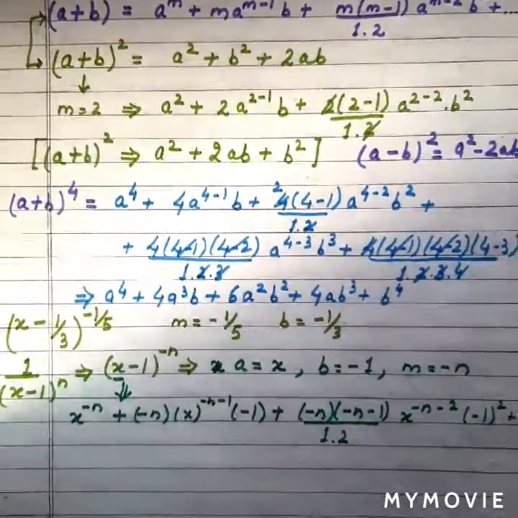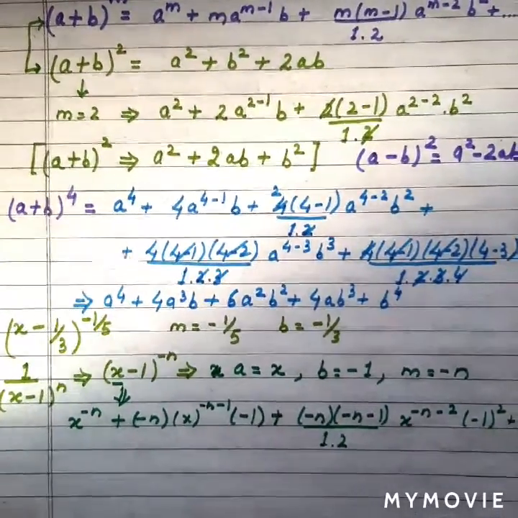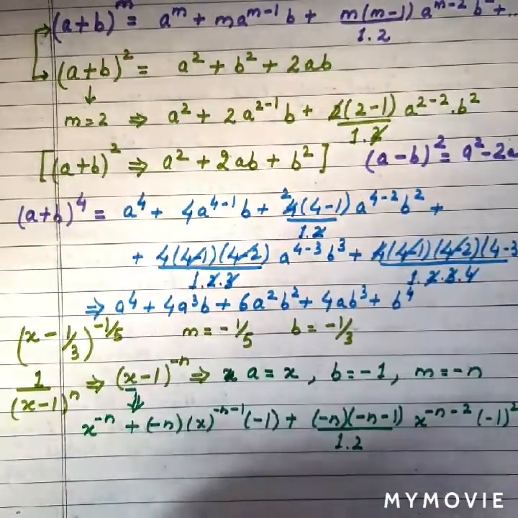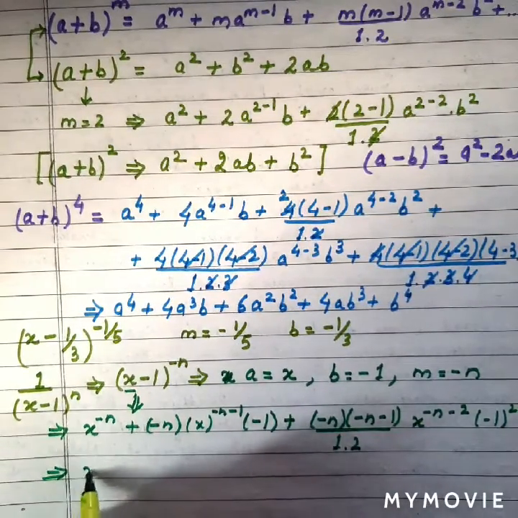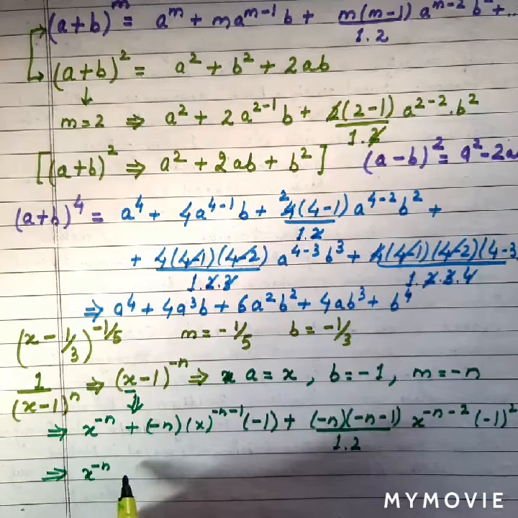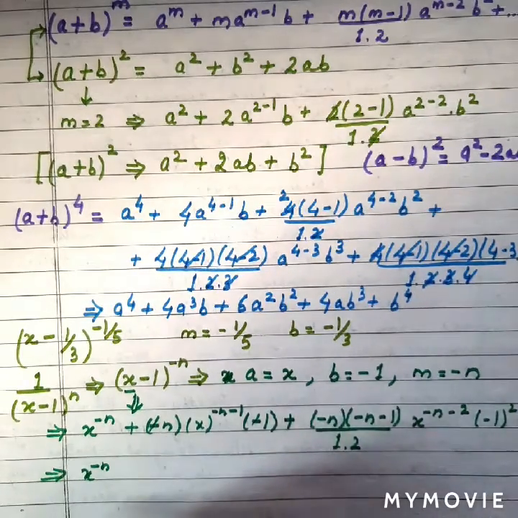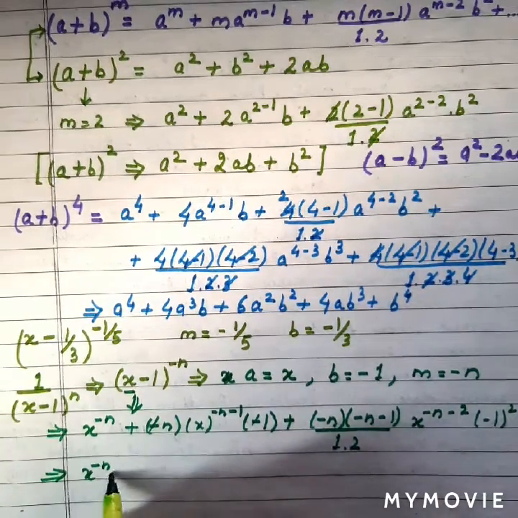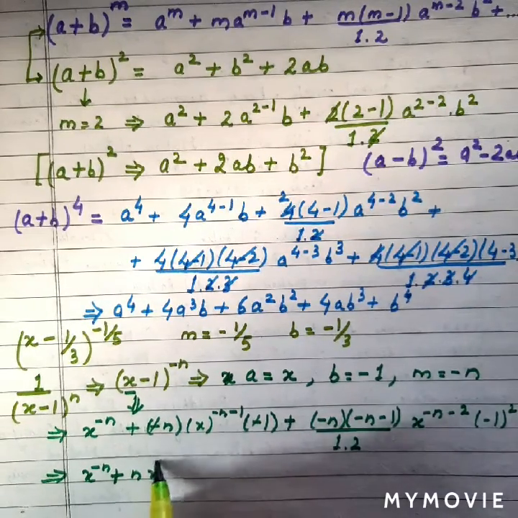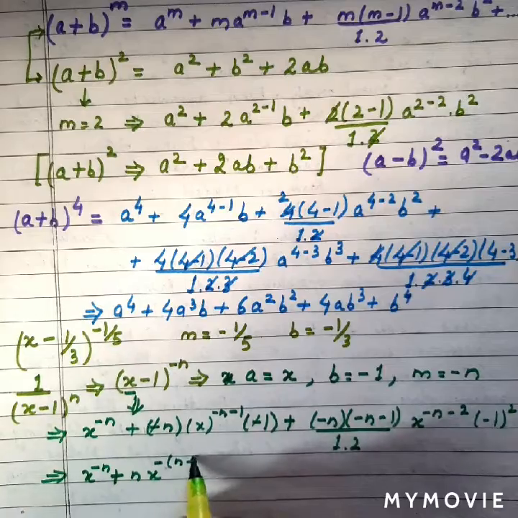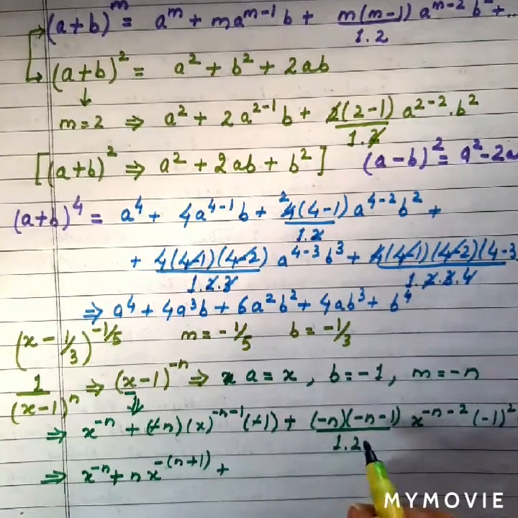upon 1 into 2, x raised to power m minus 2, then b square, right? In this way we can proceed further also. Then next it will be x raised to power minus n. Here minus will be cancelled out with this minus, minus plus, so we would be left with n, x raised to power minus, I want to take out common, and it will be n plus 1, right?